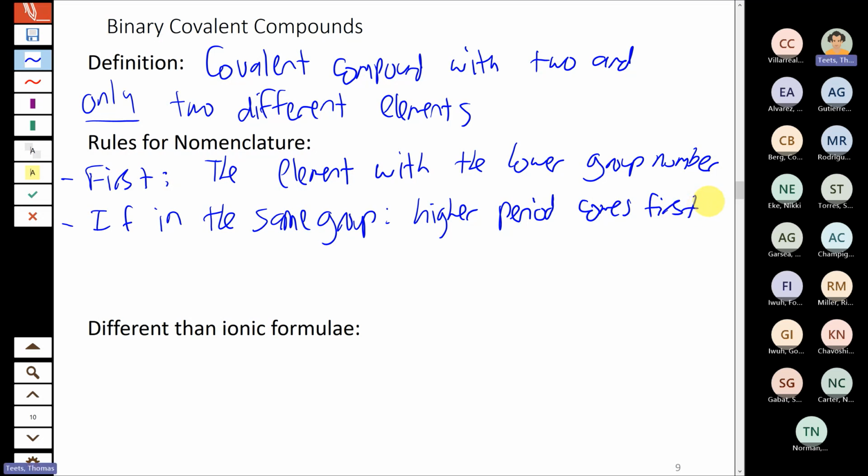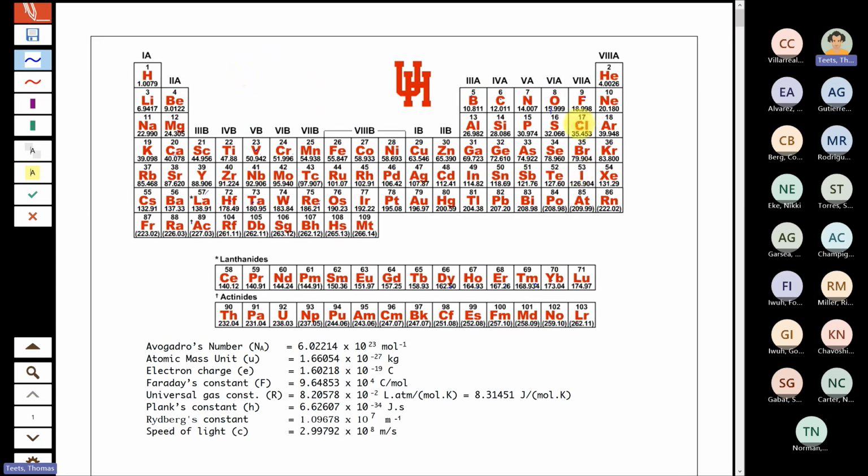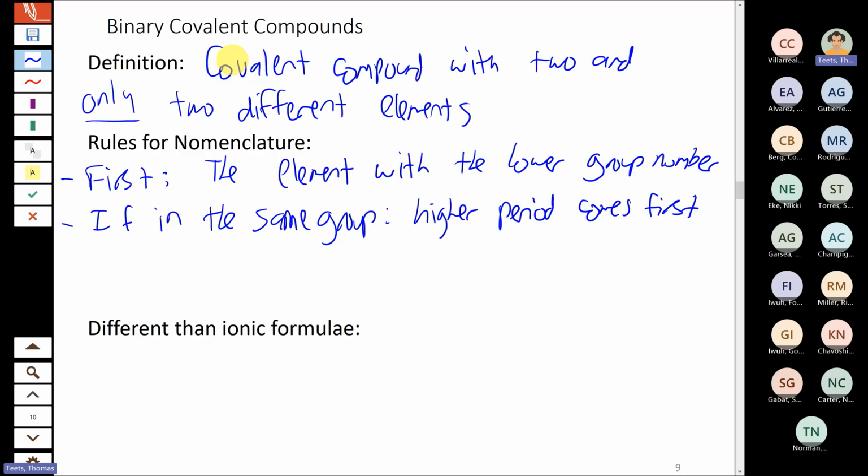So the higher period, that'd be the one that's lower down in the periodic table, the one that's heavier, if you want to think about it that way. So if you had iodine and chlorine combining to make a covalent compound, so I down here, Cl up here, iodine would come first in the name of the formula because it has the higher period number. It's further down the periodic table. Okay, so that's the convention for the ordering of them.